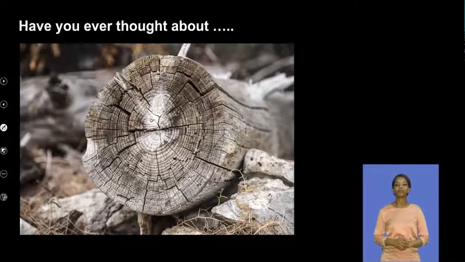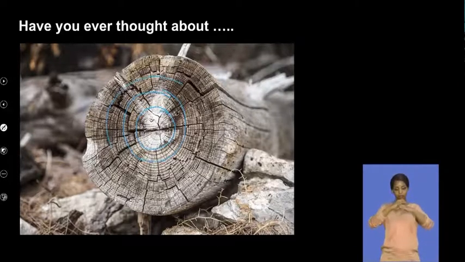Now, let's also look at this particular tree here. If I look at this, over time, you can see that these circles of ours are growing gradually. And normally it grows through years, so this is a yearly growth.